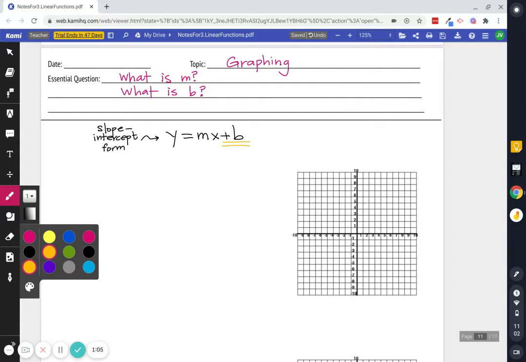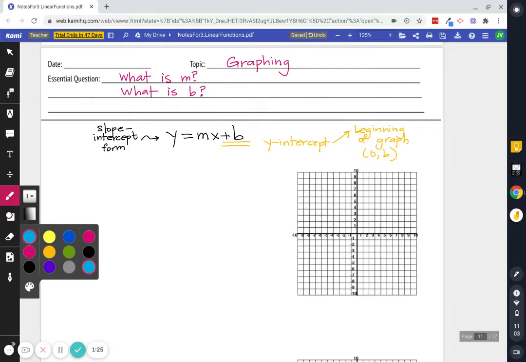B is our y-intercept. When we draw a graph, this represents the beginning of our graph. It's an ordered pair (0, b), it's the y-intercept, it's on the y-axis.